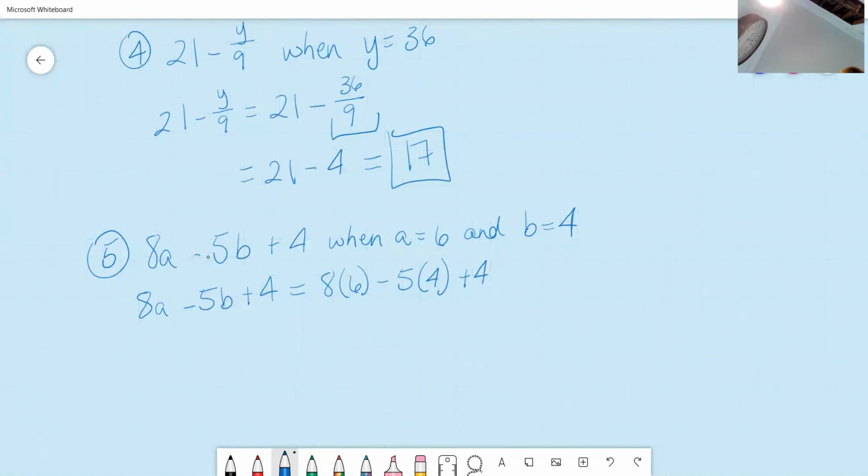All right, so solve your multiplications. 8 times 6 is 48. 5 times 4 is 20, and then plus 4.